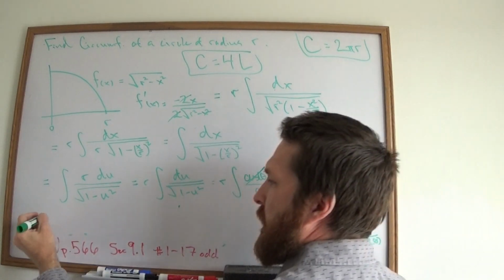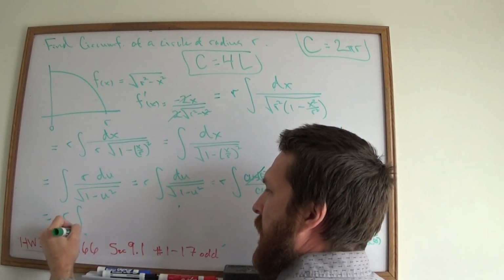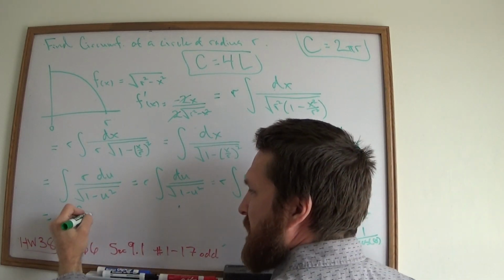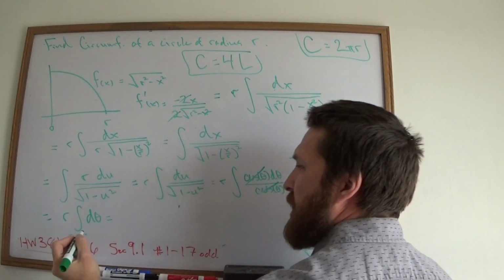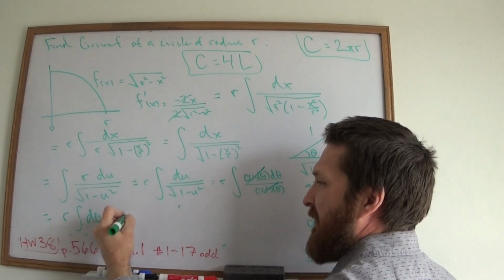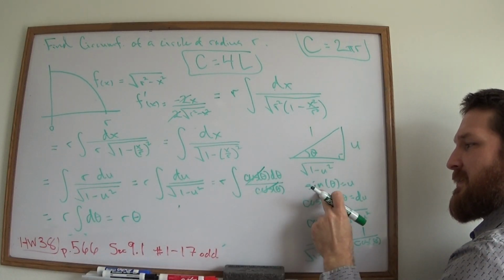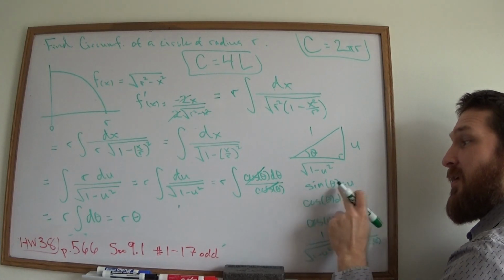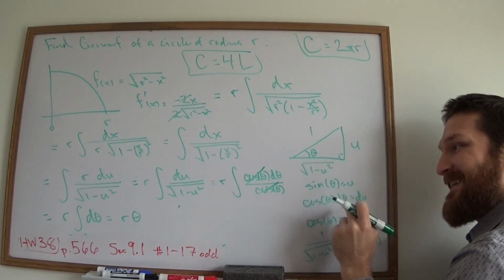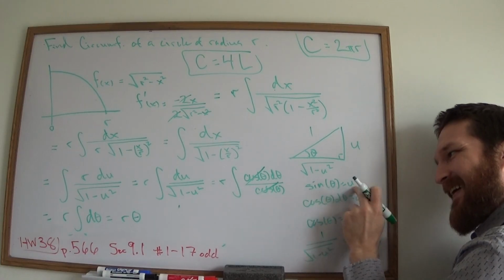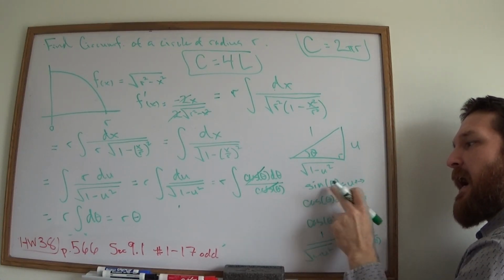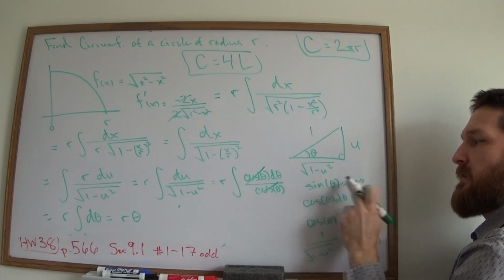And what I get is r times 1 d theta. What's the antiderivative of d theta? Just theta. But theta is arc sine u. How do you get theta to pop out? Well, you take arc sine of both sides.